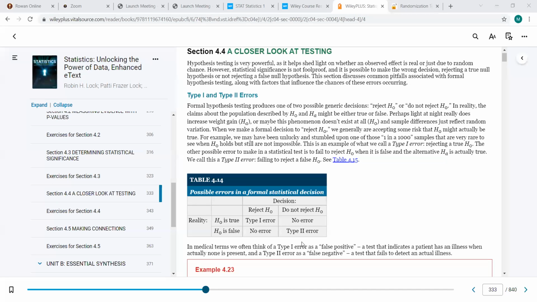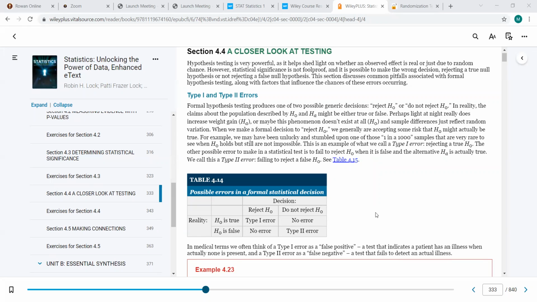Now, the type 1 error. If you were looking at taking a test like a COVID test, and suppose the null hypothesis is that you don't have COVID, and the alternative hypothesis is that you do have COVID, then if you take the test and you get a positive result, the test is saying that you have COVID.